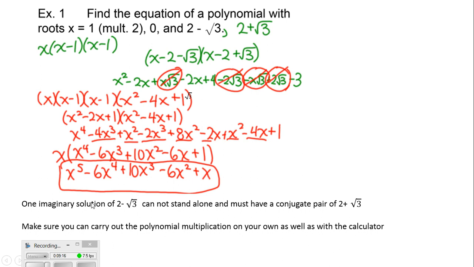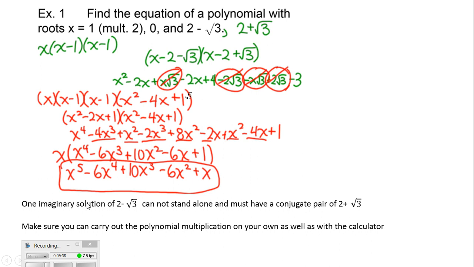Not that it's an imaginary solution necessarily, I should cross that out. But it is a non-real, I'm sorry, an irrational solution, which is going to have a pair with it, as you can see there.